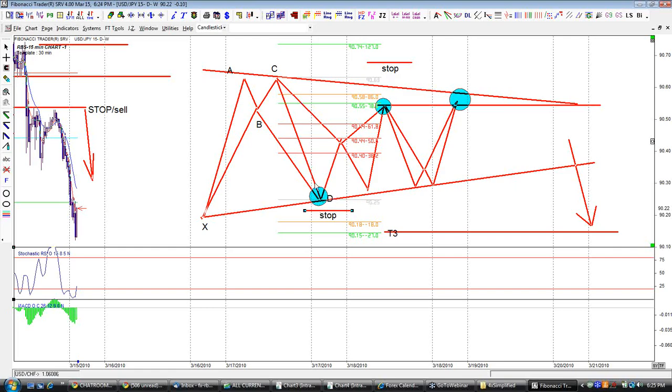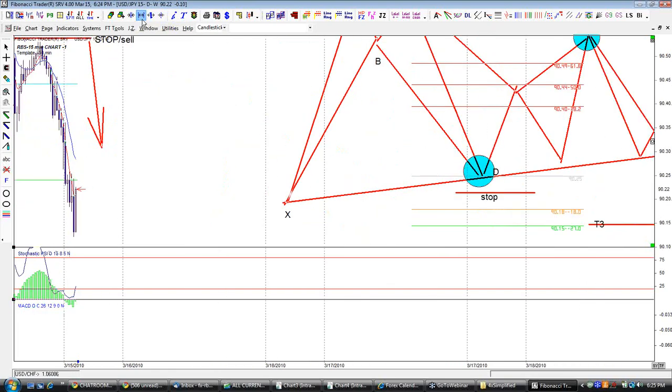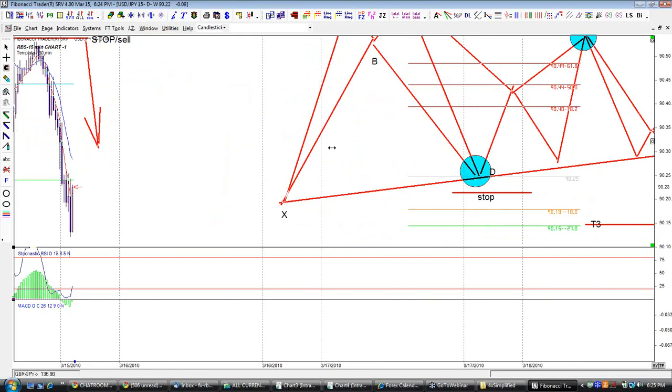And what we can do is go to 1 hour or 15 minutes once the price comes close to the D, and start looking for some bullish butterflies or bullish head and shoulder patterns.